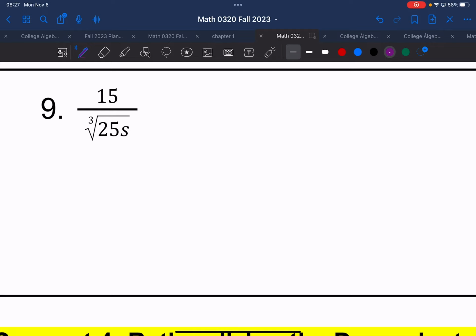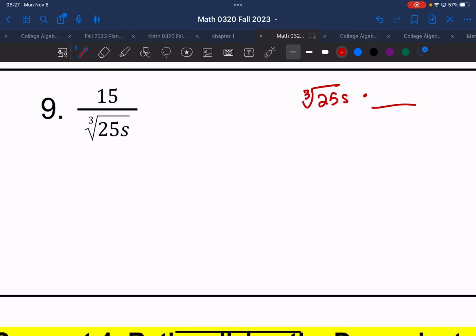Number 9. So on number 9, we have to figure out what we need to multiply the top and bottom by in order for that cube root to cancel on the bottom. So in order for it to cancel, that means we have the cube root of 25s.